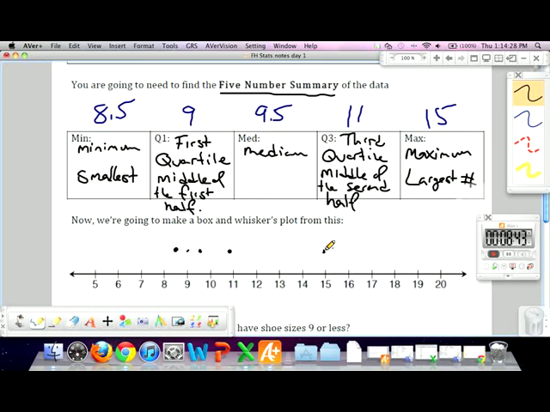The box of the box and whiskers plot goes around Q1 and Q3, so draw a box around Q1 and Q3. Divide the box in 2 pieces through the median. And then the whiskers go from the edge of the box out to the maximum and minimum. Okay?